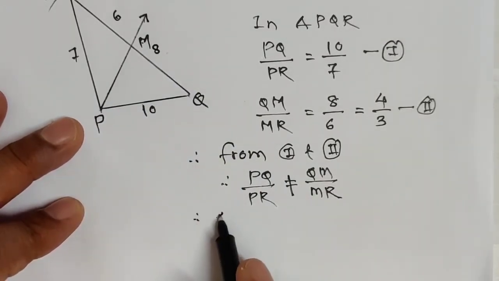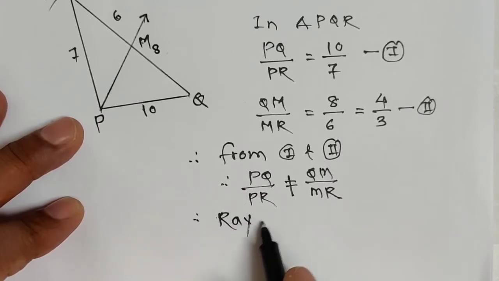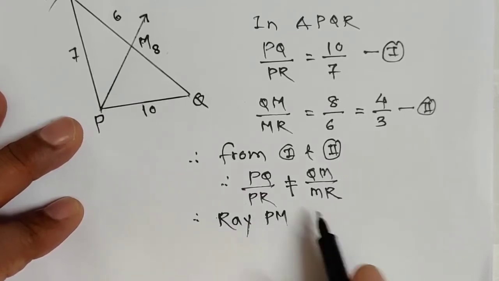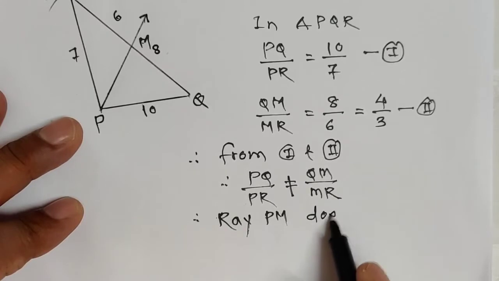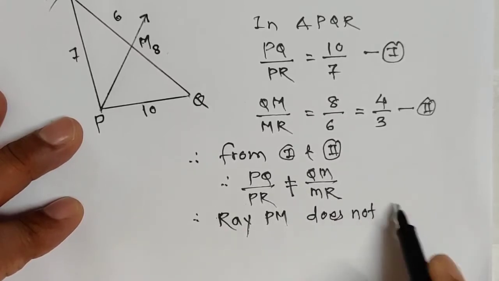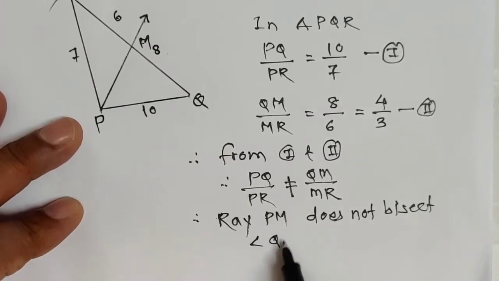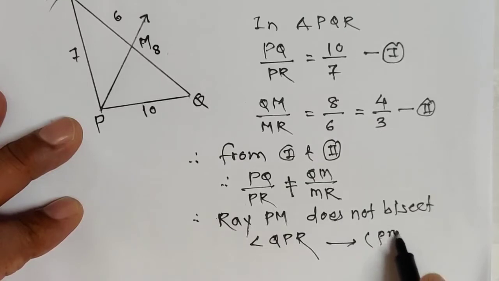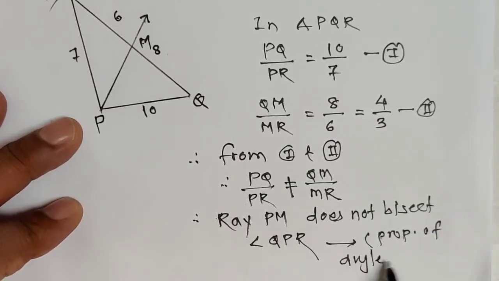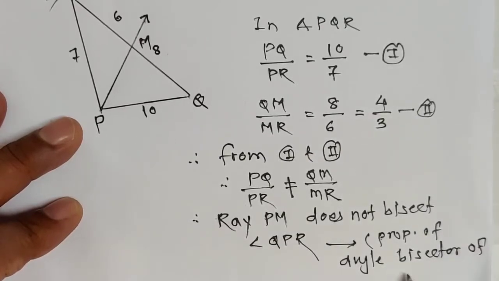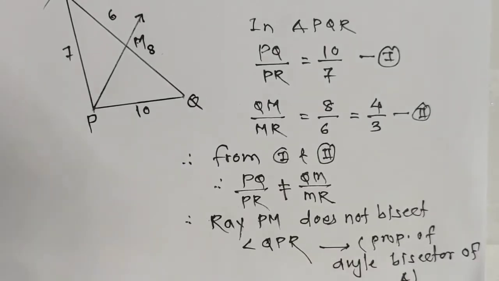Therefore, ray PM does not bisect angle QPR. Again write the property: property of angle bisector of triangle.